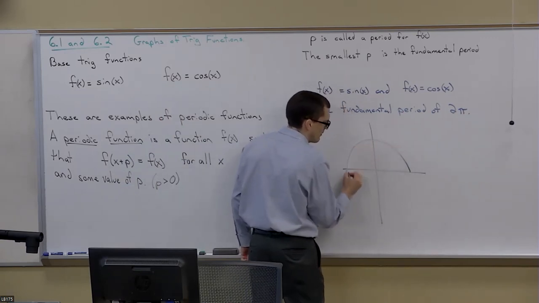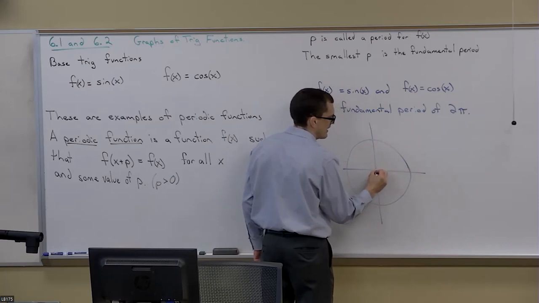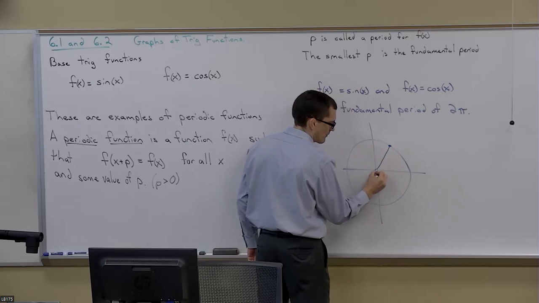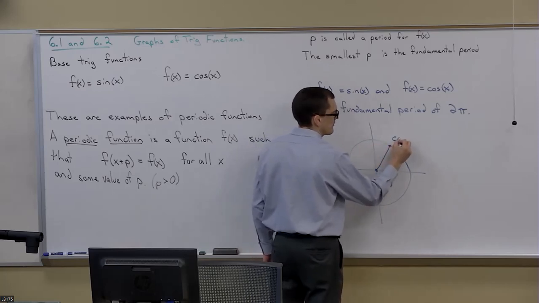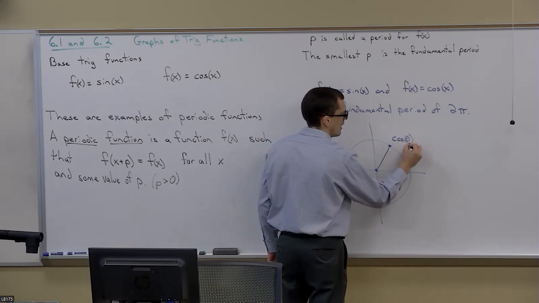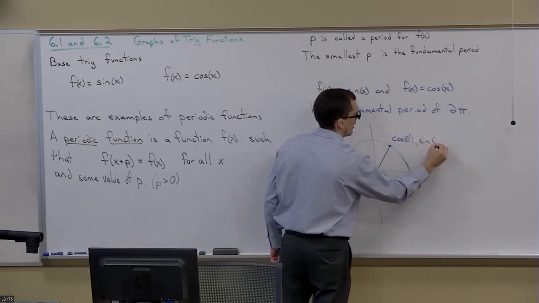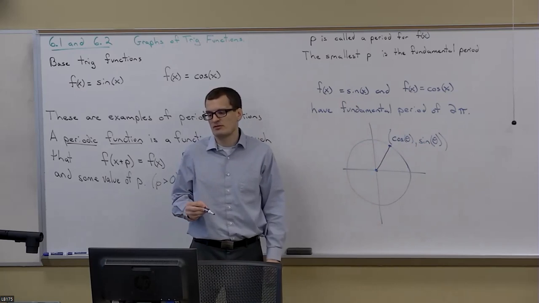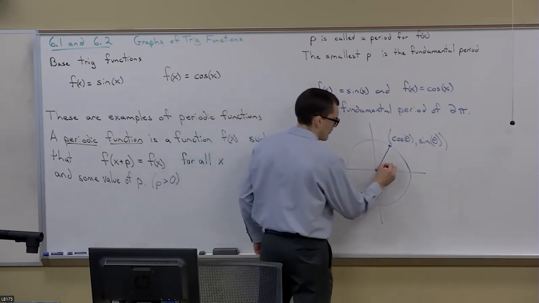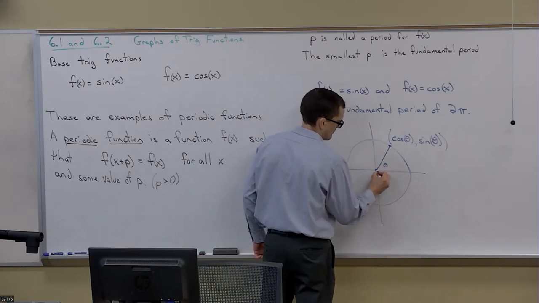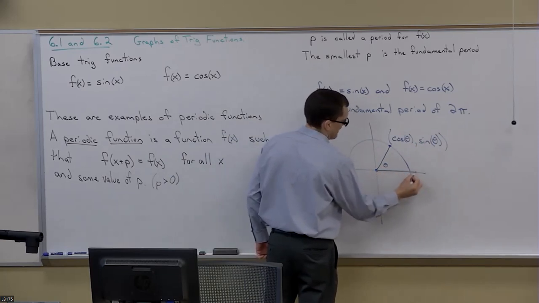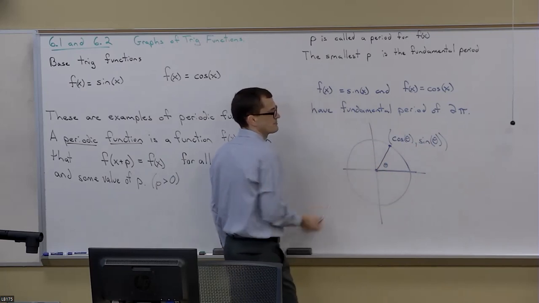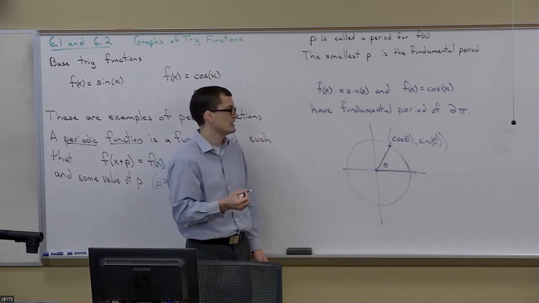Again, remember where sine and cosine came from. There was a point on the unit circle, centered at the origin, that was cosine theta, sine theta, where theta was the angle between the x-axis and the ray from the origin to that point.